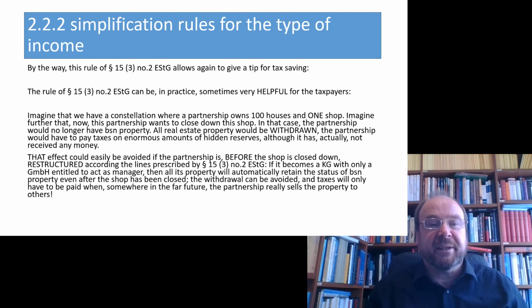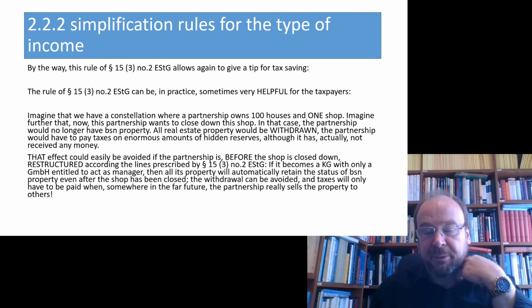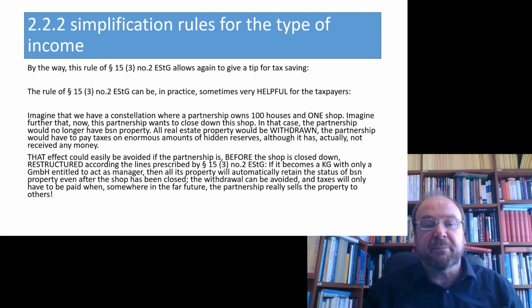And you take great care now that none of the limited partners, but only the GmbH or an employed person does the management, because then 15.3 number 2 takes effect. And so your 100 houses would remain business property and your income would remain business income even after you close down the shop.